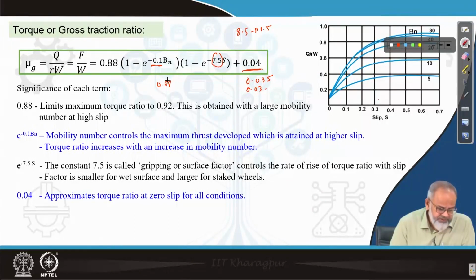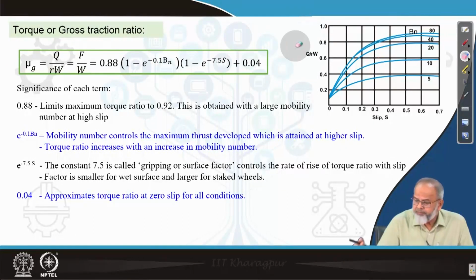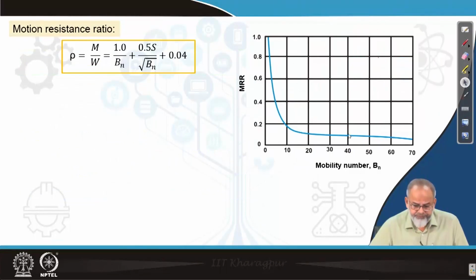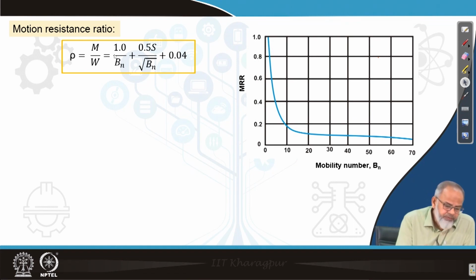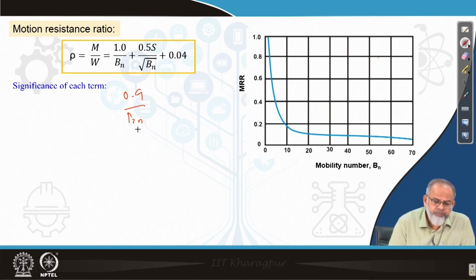In the motion resistance ratio, he also suggested that instead of 1 upon Bn, it should be 0.9 upon Bn. These are the suggestions given by Brixius to apply these equations to radial tires.